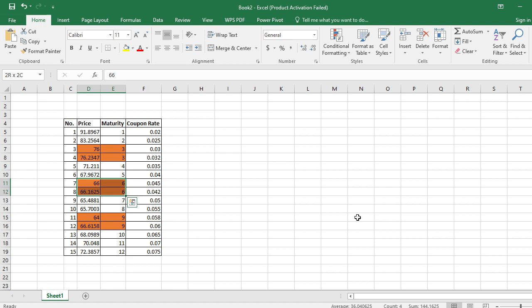These two bonds have the same maturity but different prices, and these two bonds also have different prices. So how can we find the discount rates, the YTM, yield to maturity of these bonds? Let's start with this maturity.